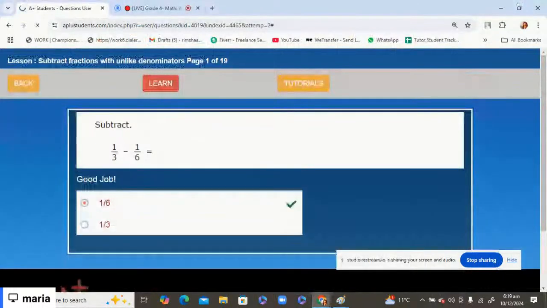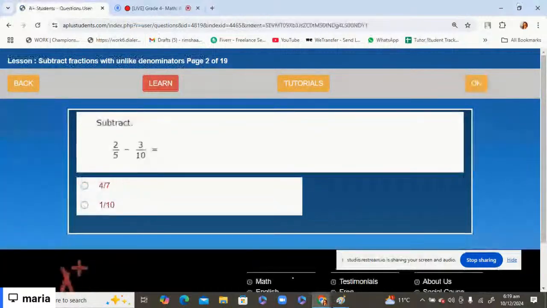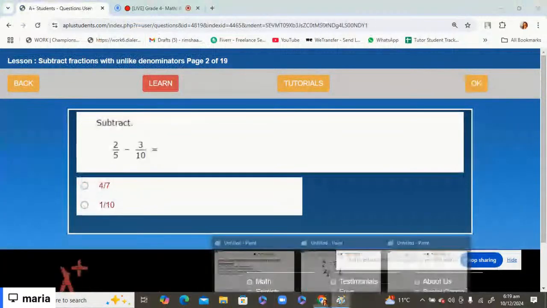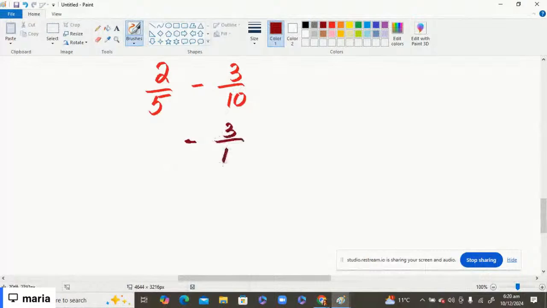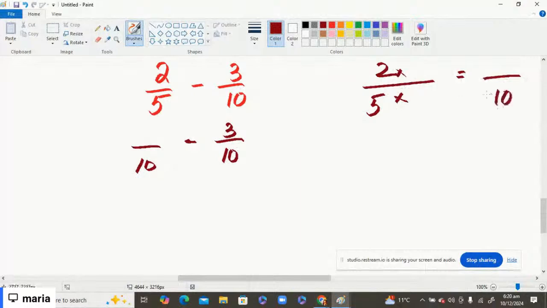Okay. 2 by 5 minus 3 by 10. Let's do it. So when we see, 10 is the greater denominator, so putting 10 here. Taking 2 by 5 and multiply and divide. Which number? 5 times which number is 10 here? Now you guys tell me, 5 times which number is 10?